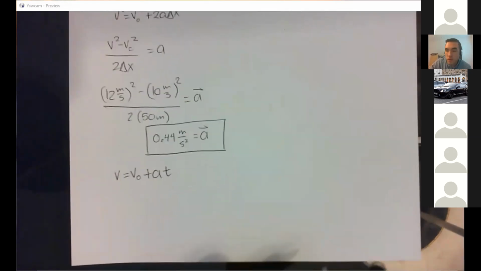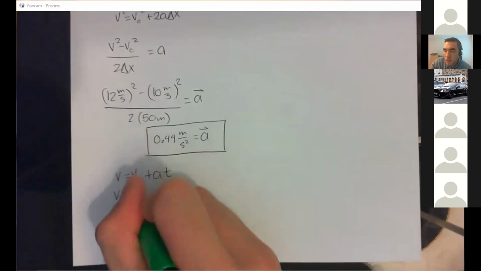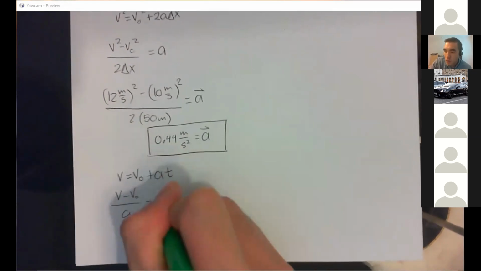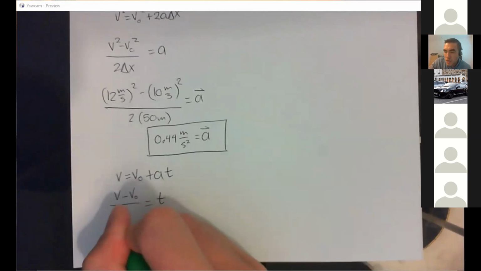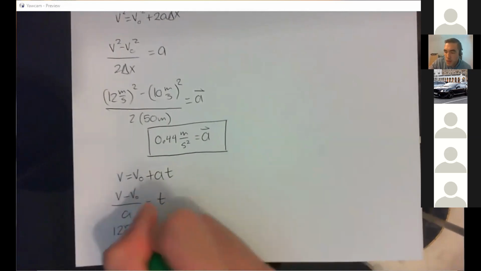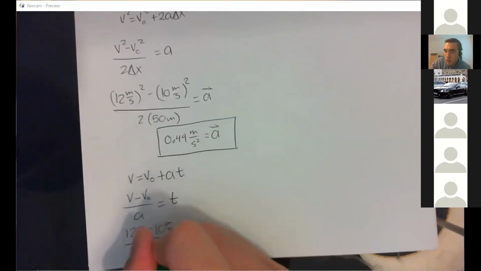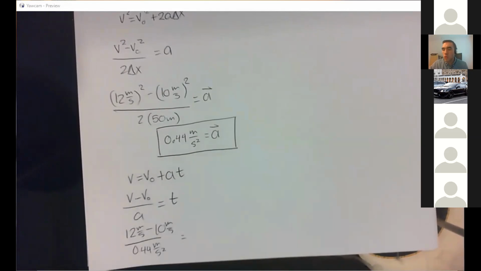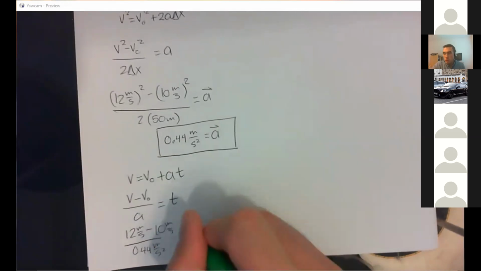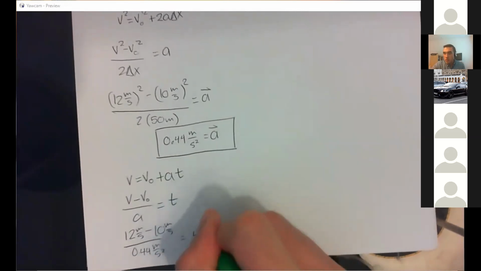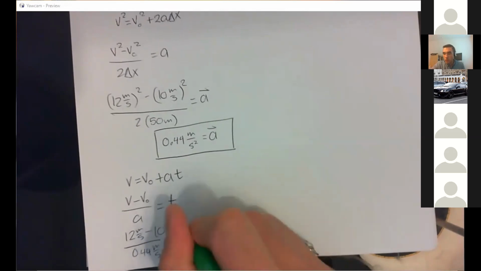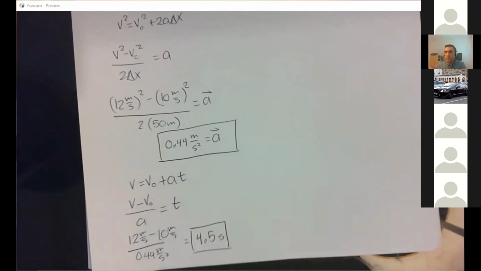We're solving for time here, so it'll be V minus V sub O divided by A is equal to T. And so it'll just be 12 meters per second minus 10 meters per second divided by 0.44 meters per second squared. And so whatever 2 divided by 0.44 is, will be the amount of time that it takes for the horse to speed up by this much. So that is to say that the horse covers that distance in 4.5 seconds.